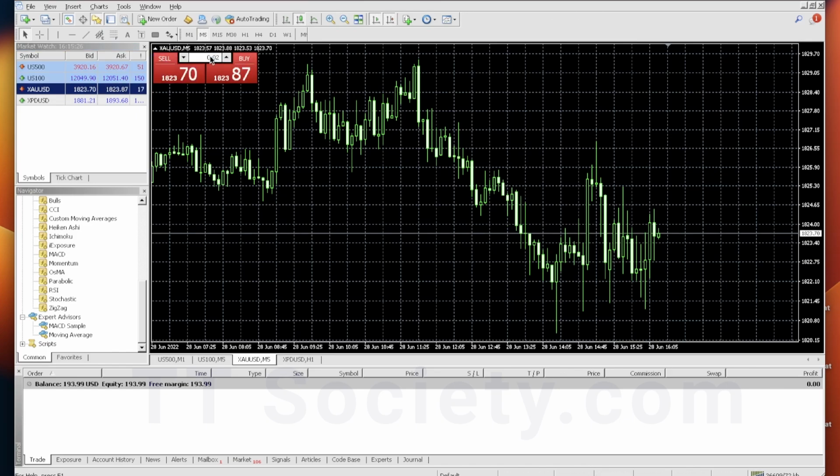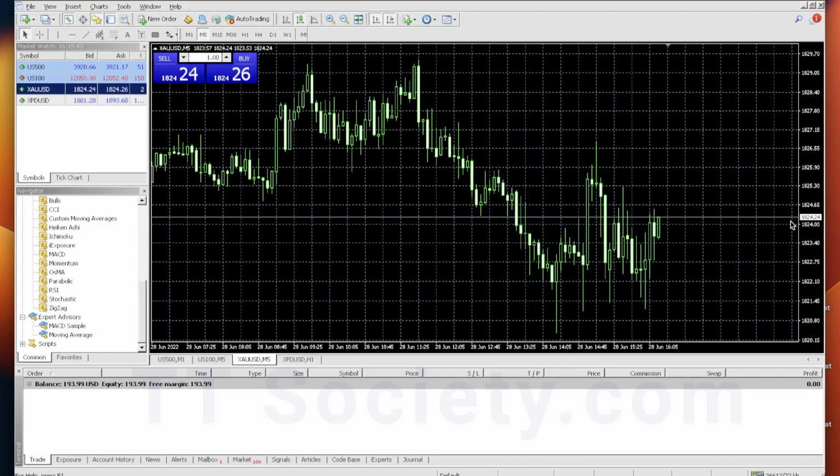If we would be buying 0.1, we would be buying 10 ounces of gold. And last but not least, since the contract size is 100, if we would buy 1 lot, we would be buying 100 ounces of gold, or 100 units of the contract. That's roughly $200,000 here. So keep that in mind.